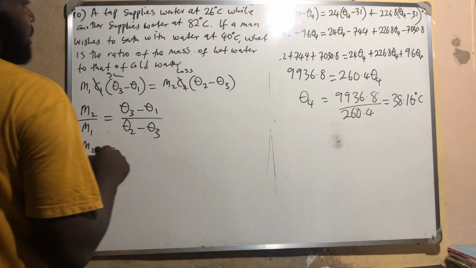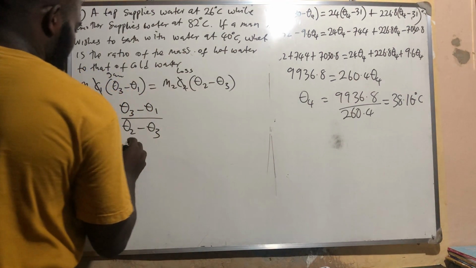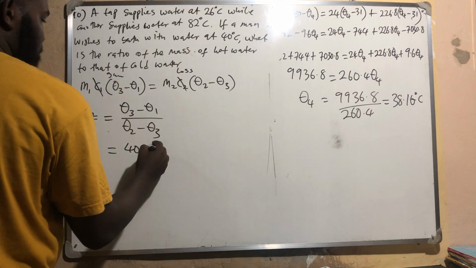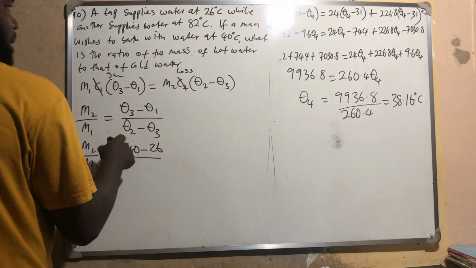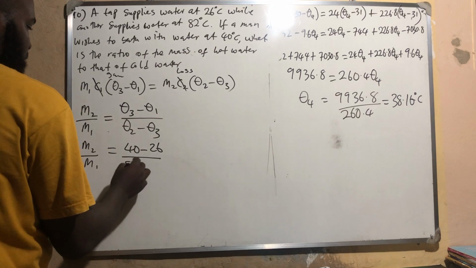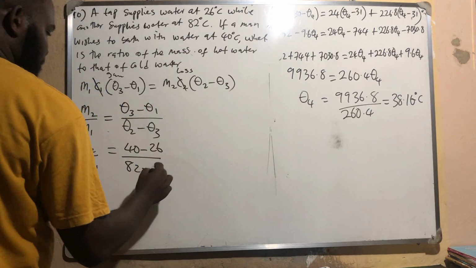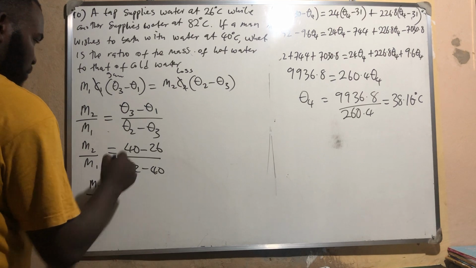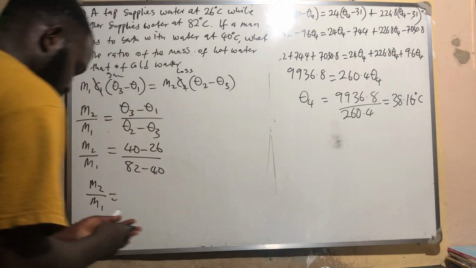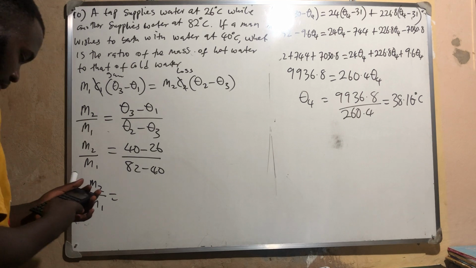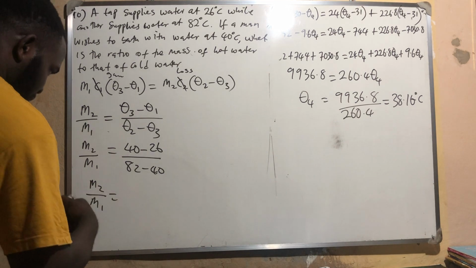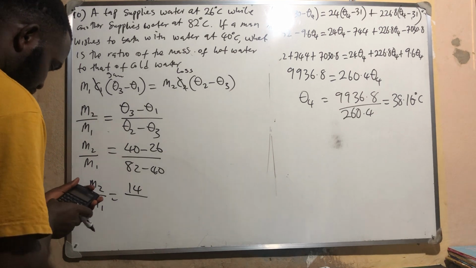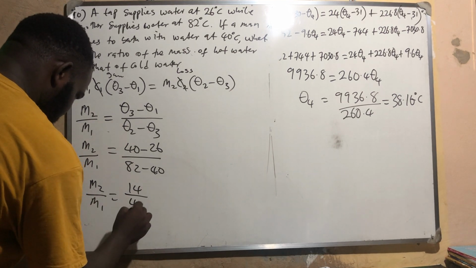My theta 3 is the mixture, the final one, that is 40, minus my theta 1, the first one, which is 26, divided by my theta 2, the second one, 82, minus the final one, 40. So what do I have? 40 minus 26, I have 14, all over 82 minus 40, which is 42.